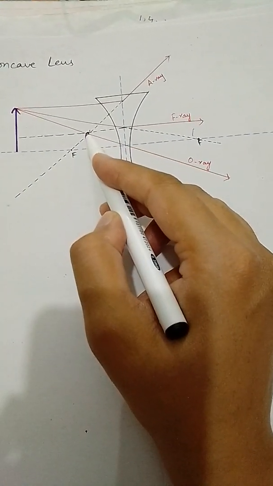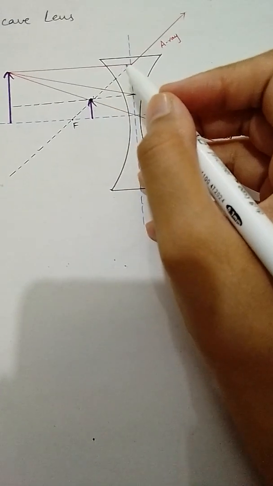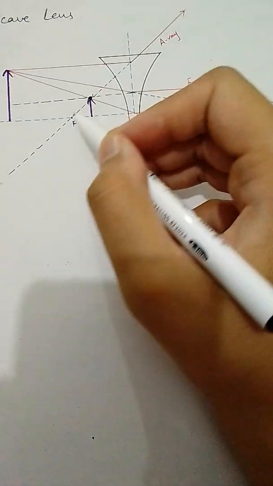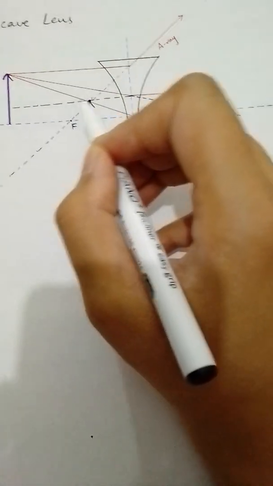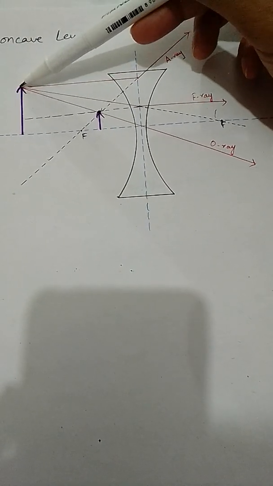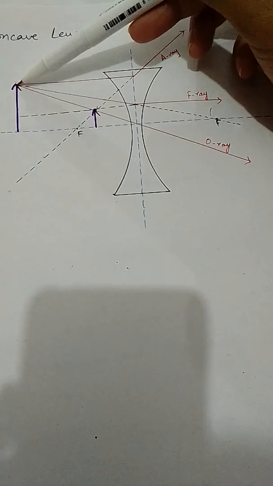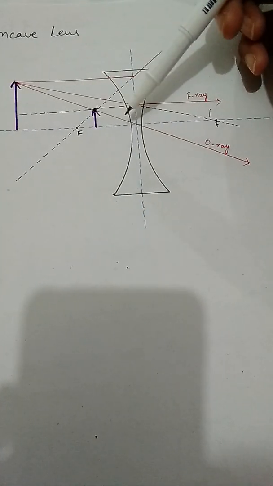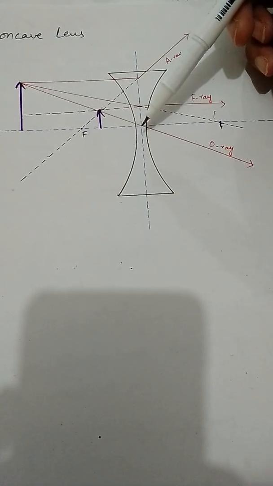But we need a third ray to just confirm our intersection point. We just want to make sure that we are not doing anything wrong here. We've already got an intersection point over here by using the A ray and the F ray. Now considering the third one again, the O ray. It just starts at the point where the object lies, passes through the center, and again it would just continue its journey without refracting.